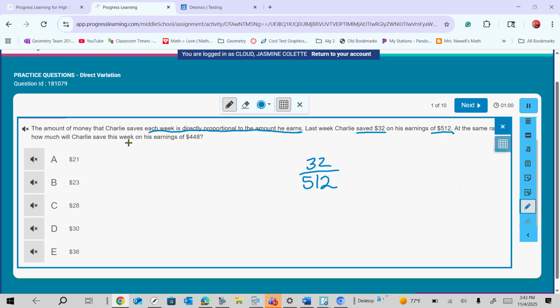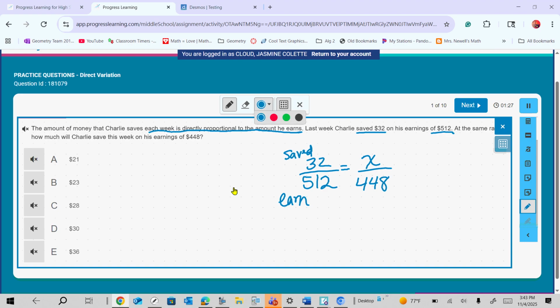How much would Charlie have saved this week if his earnings were 448? So saved is on top, earning on the bottom. So how much did he save for his earnings of 448?